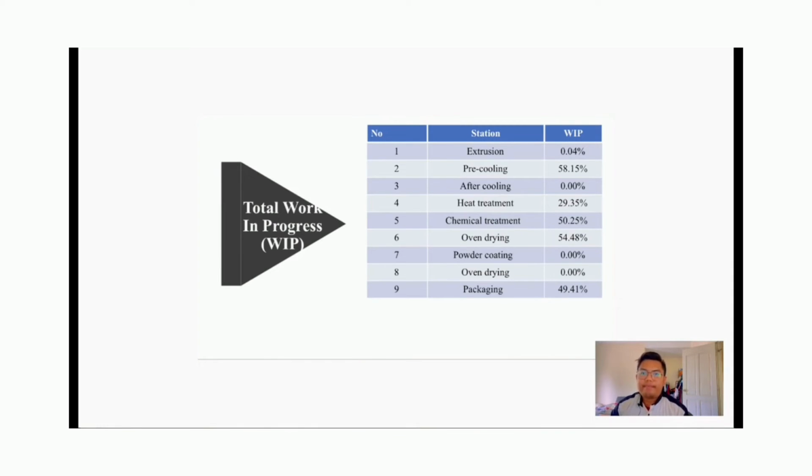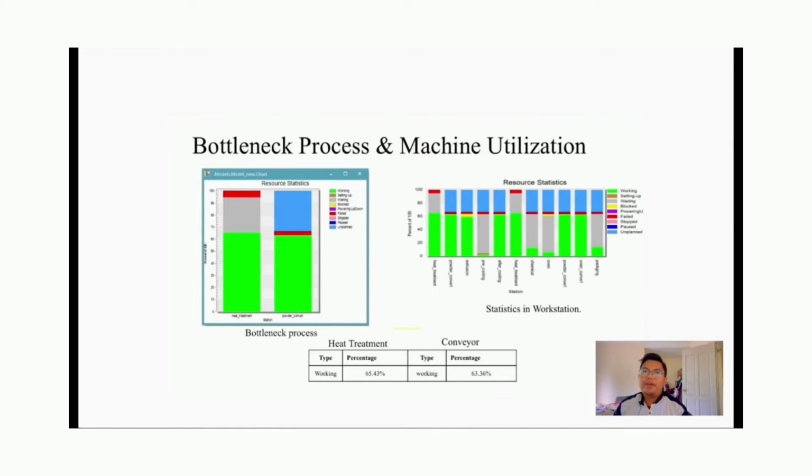The percentage of time a machine is really in use is known as machine utilization. The table shows the statistics in each workstation, which is the percentage of time spent on each workstation.